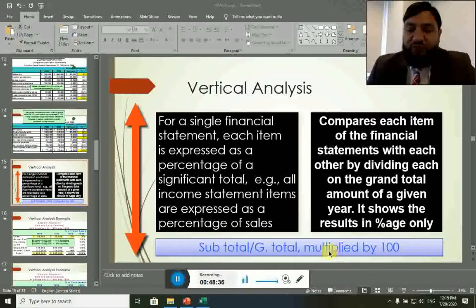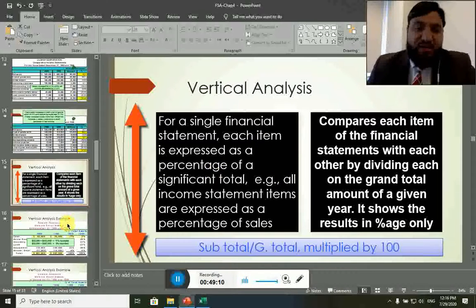And for the liability and equity portion, the grand total is total of liability and equity, and the subtotals are each item of the liabilities and each item of the equities, right? So mostly for horizontal and vertical analysis, we use the income statement and the balance sheet. The other financial statements are not used in order to apply a vertical and horizontal analysis.